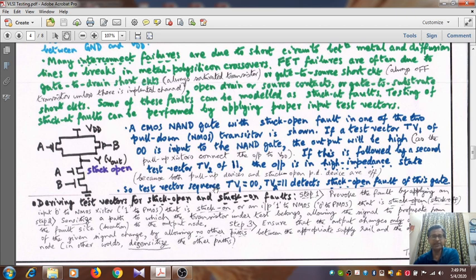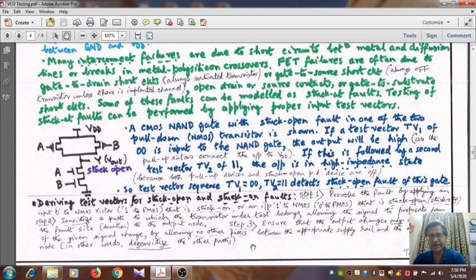So test vector sequence TB1 equal to 0 0 followed by TB2 equal to 1 1 will detect the stack open fault of this gate. That means when we find that the output voltage lies either in logic 1 state or in high impedance state, but never in perfect ground, even though you have applied AB equal to 1 1, then the stack open fault lies in one of the NMOS transistors.